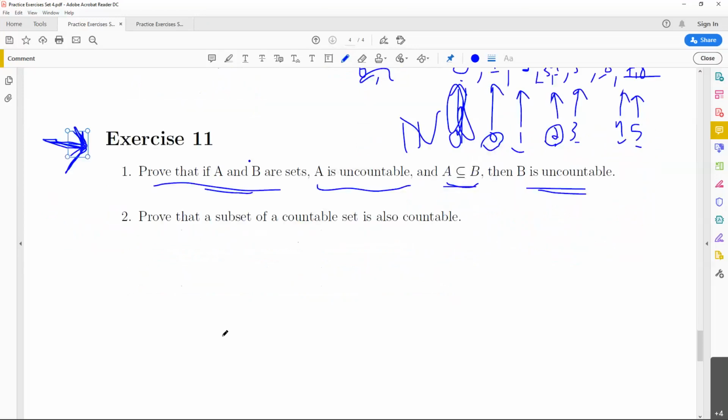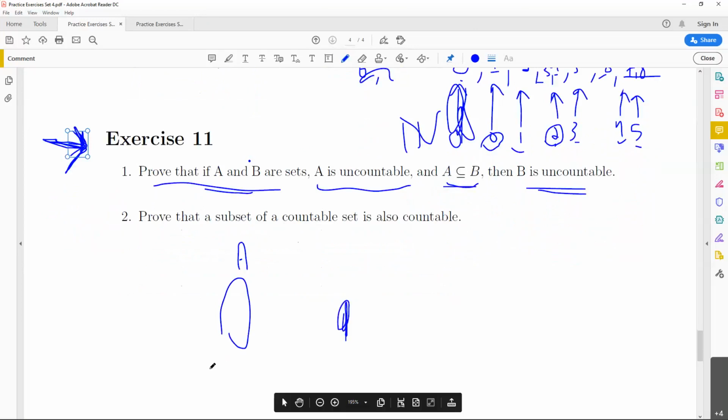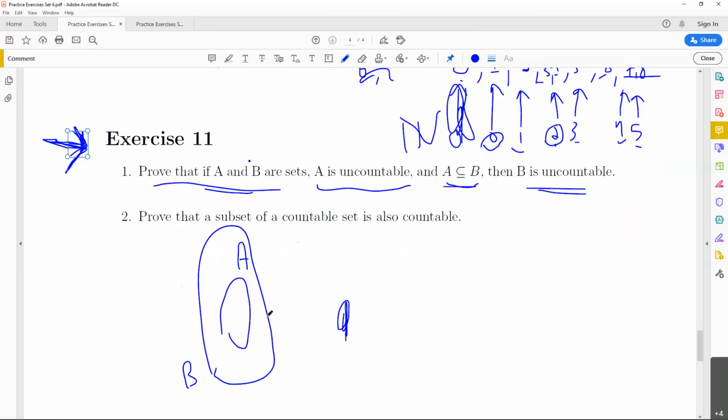If you have two sets, A and B, and A is a subset of B, if you know that A is uncountable, then B is also going to be uncountable. But before we can actually use this rule or law, we have to prove it.